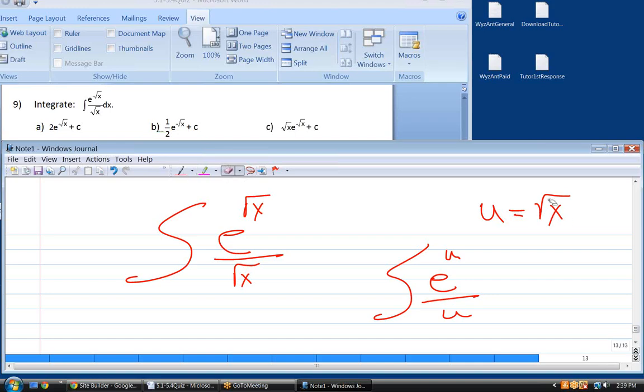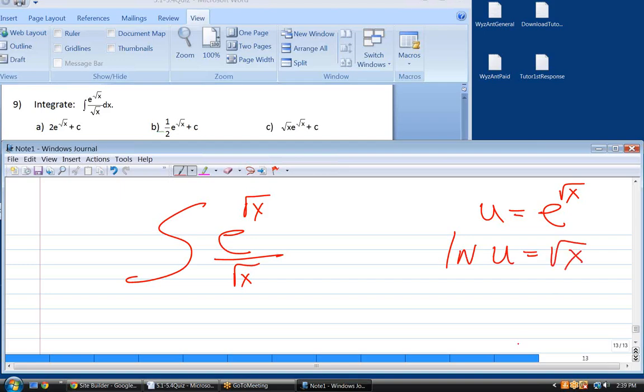What if I let u equal e to the square root of x, then the natural log of u would equal square root of x, and I would have the integral of u over natural log of u. That still doesn't work. It's a lovely question.